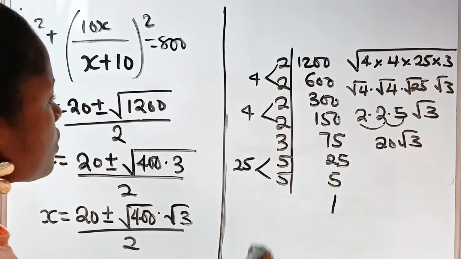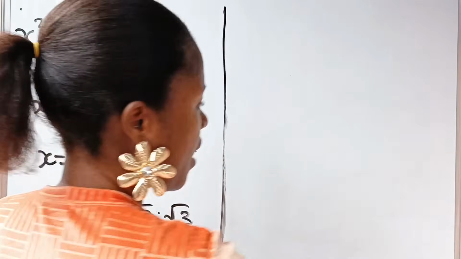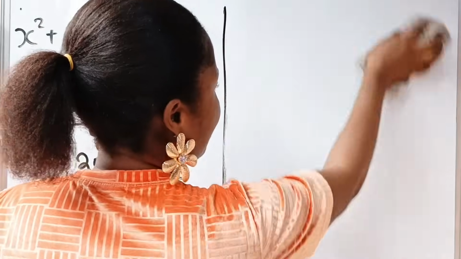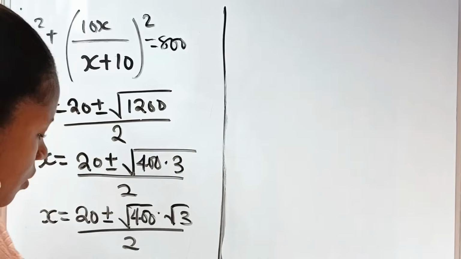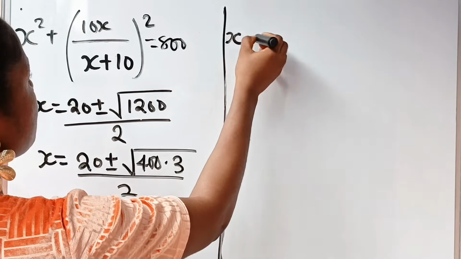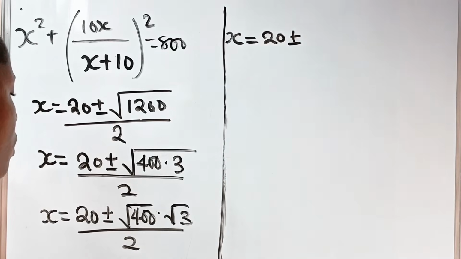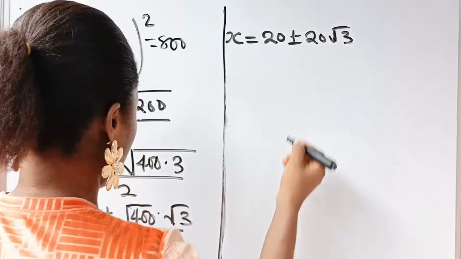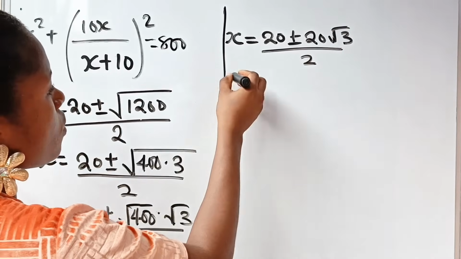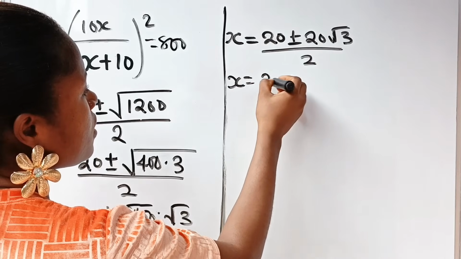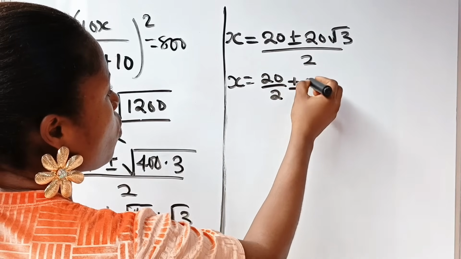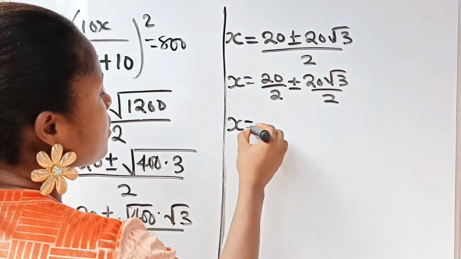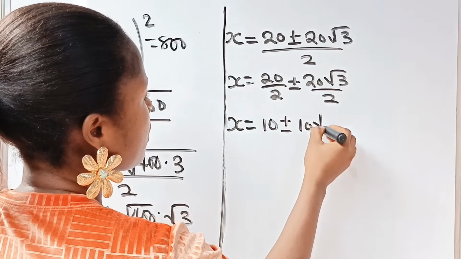So we solve further to get x is equal to 20 plus or minus square root of 400 is 20, so you can see we got the same 20 root 3, divided by 2. So x is the same thing as 20 divided by 2 plus or minus 20 root 3 divided by 2. So our x is equal to 10 plus or minus 10 root 3.